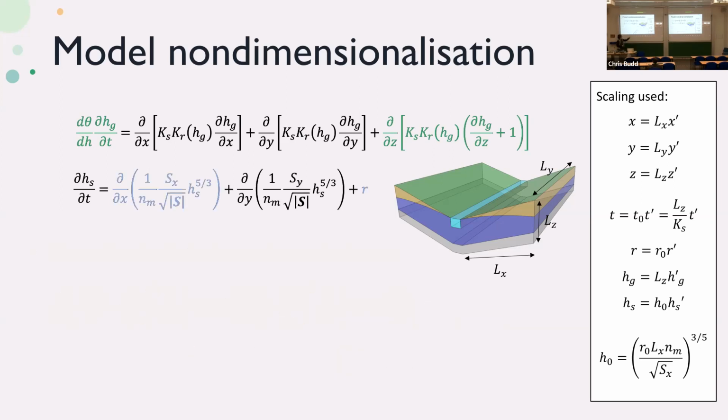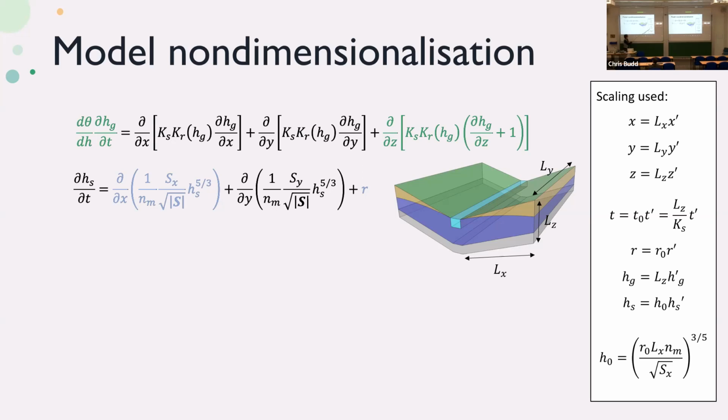Secondly, I'm rescaling rainfall with a typical value of the rainfall, the mean value of the rainfall in a given area. I rescale Hg, the hydraulic head describing the groundwater flow, with Lz, which is the highest value that the pressure can reach at the bottom of the aquifer in a steady state.